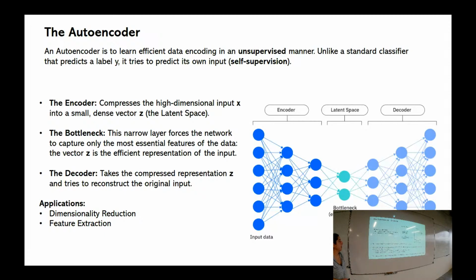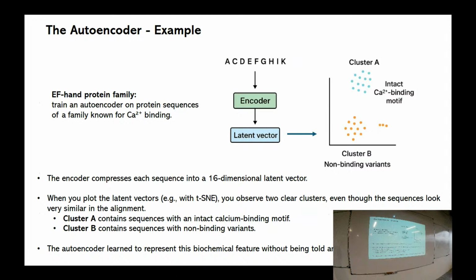So if we use an autoencoder to encode our sequences in the latent space, we can look at the vectors in the latent space, at the zeta vector. And what we will notice when we use these family sequences is that they cluster in two groups.